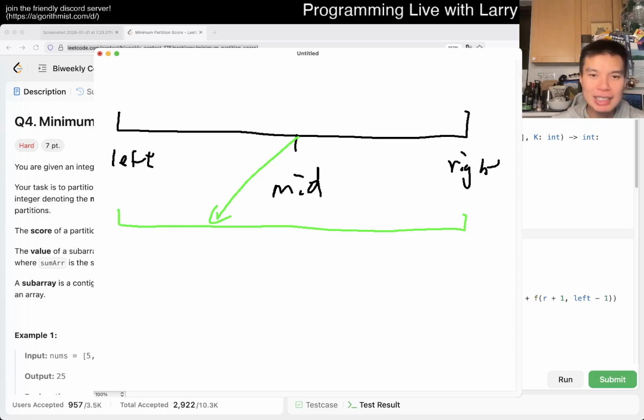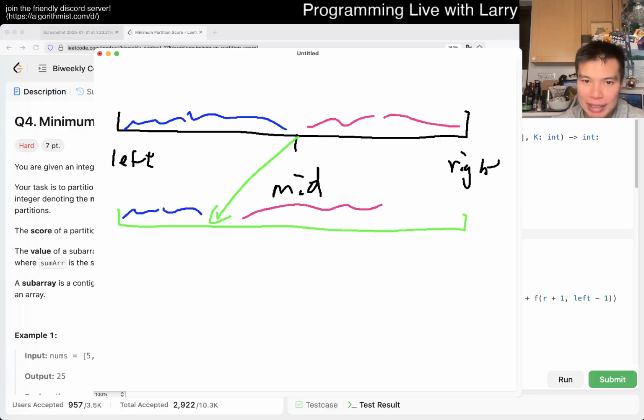With this quadrilateral inequality, one way to think about it is that all it means is that all the numbers on the left side, their answers will be inside here. And all the numbers on the right side, the answers will be there. And that's all that is.